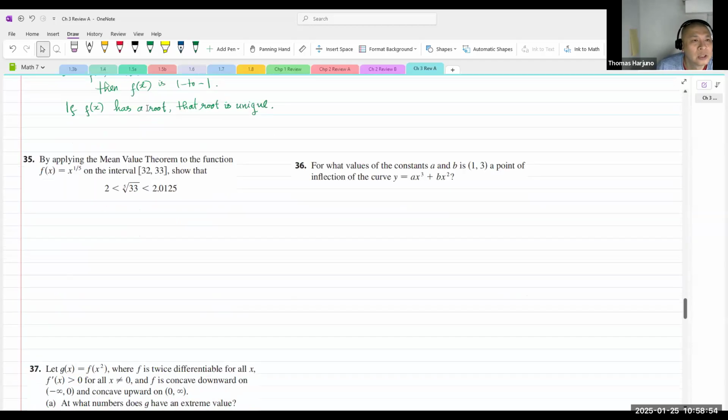Let me go on. By applying the mean value theorem to this function on this interval, show that this. Okay, so f prime x is 1/5 of x to the power of negative 4/5.